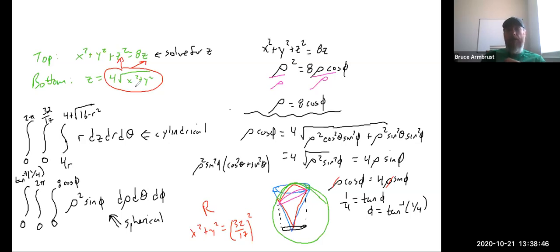The fact that the bottom is a cone, that's actually a really good plus for spherical. Because look at what it ended up being the bounds on phi. It was 0 to an angle, and the angle, that's the angle of the cone.